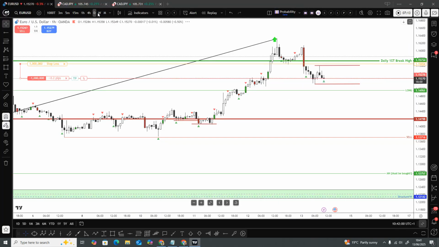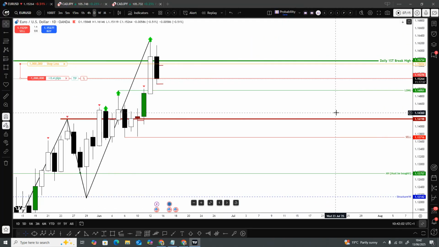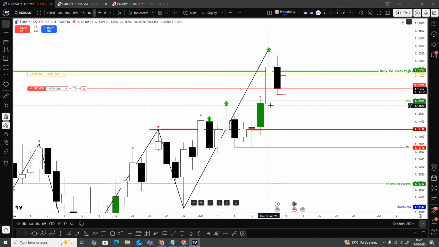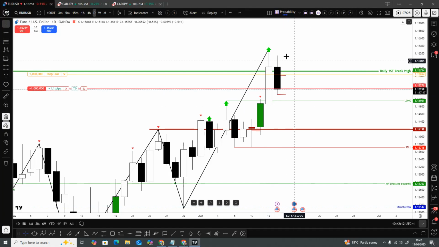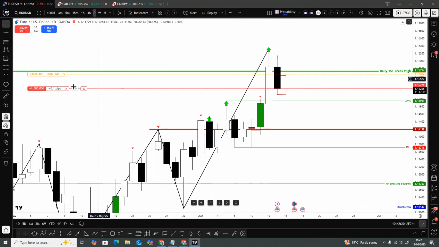The daily chart is still very strong. You can see the daily chart. The low of yesterday is intact, the high of 2 days is intact. So this is how we read the market. We keep an eye on the bigger picture, and I think we've come within more than 50% of yesterday's move.